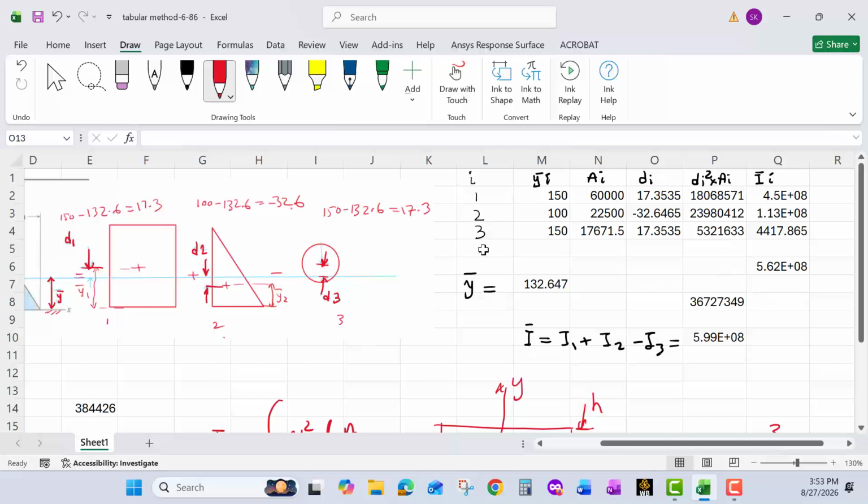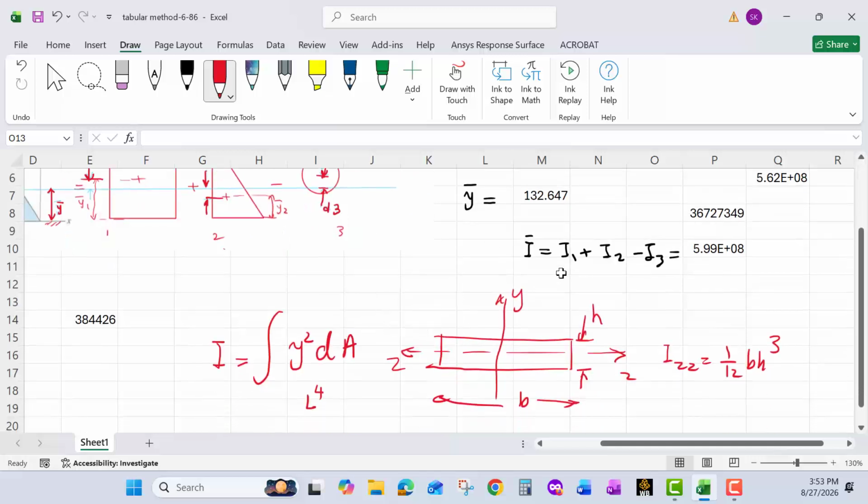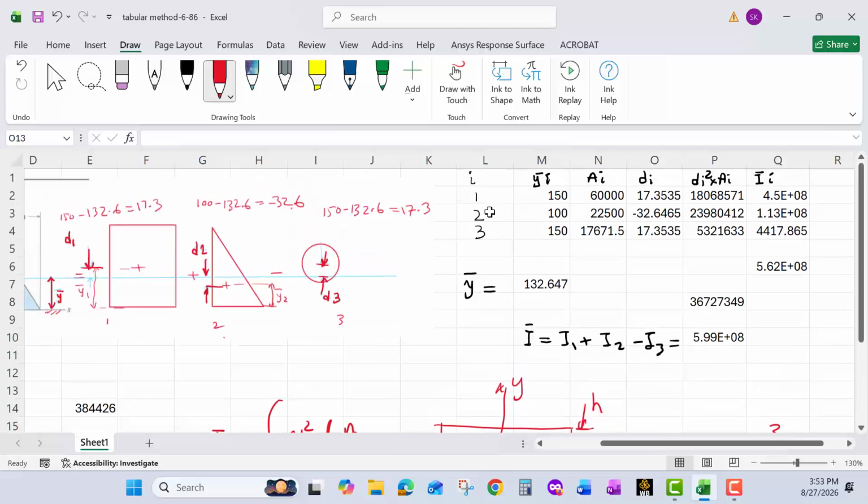For example, you will be using A_i and y-bar_i for finding the centroid of the composite shape, and maybe the same quantities are used for the second moment of area calculation. That is the advantage of the tabular method. You put every individual calculation in a proper space, so later on, if you want to check something, you can easily come back to it, find where the potential error is, and fix it.